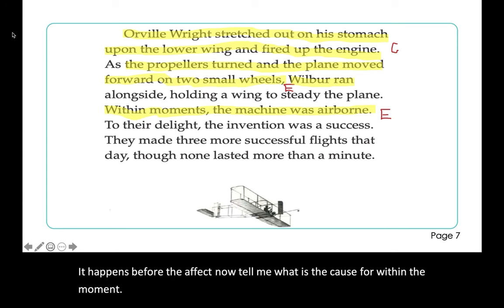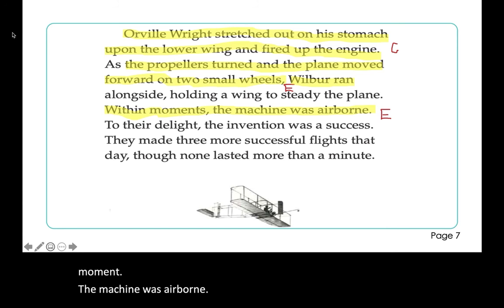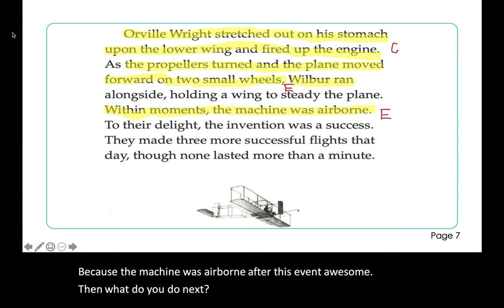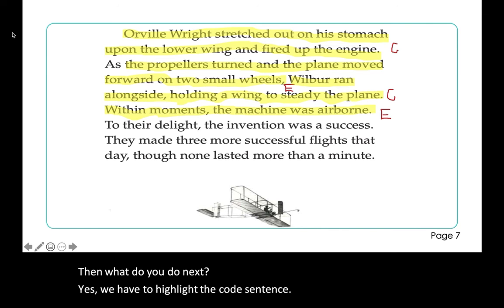The machine was airborne. Yes, Wilbur ran alongside, holding a wing to steady the plane, because the machine was airborne after this event. Awesome. Then, what do you do next? Yes, we have to highlight the cause sentence and then mark it with the letter C. Very good job.